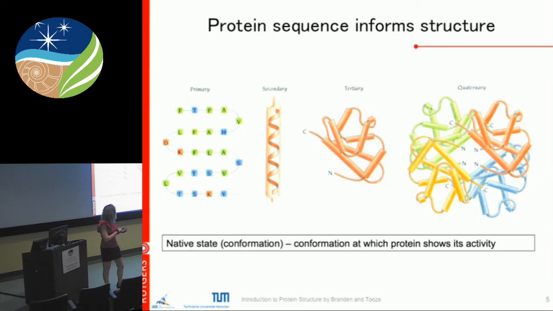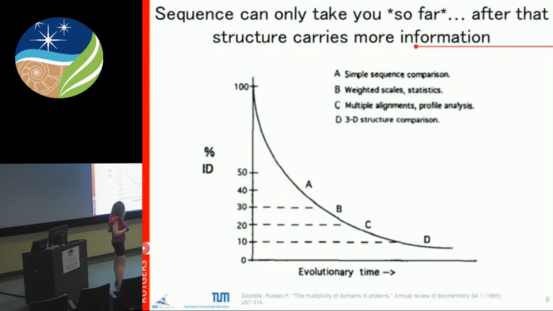Secondary structures form tertiary structures and form quaternary structures by interaction. So basically, it's also a hierarchical folding model, right? So a native state, or a native conformation, is where the protein lives most of its time and where it performs most of its activity, okay?